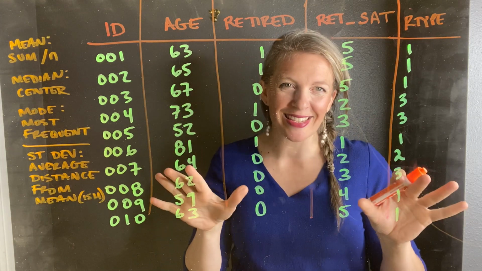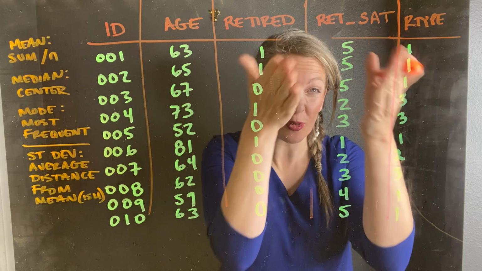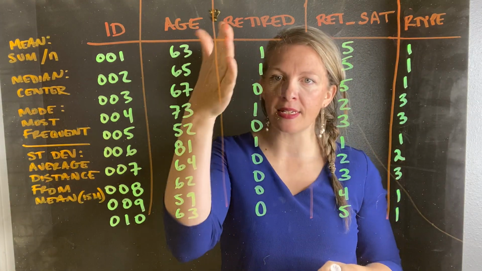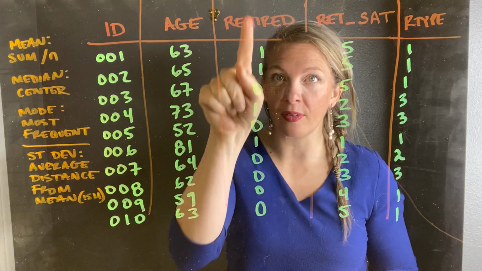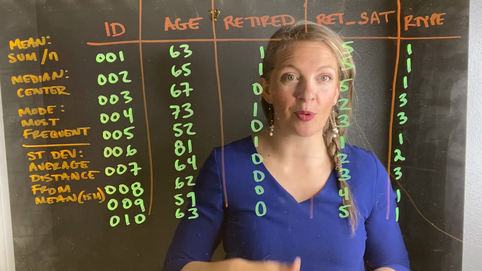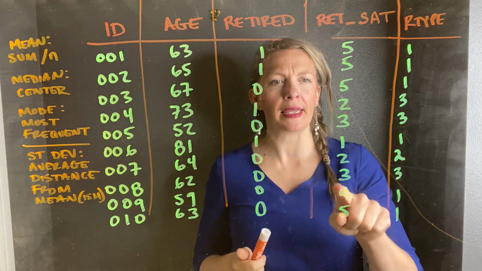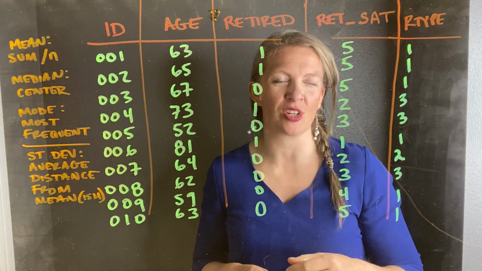So just looking at this data set with only 10 observations, you can see a lot just by looking at the data. For example, I can notice that most of the people in my data set are not retired, because under the retired category, most of those responses are 0, not retired. I can see that a lot of people are really satisfied with their retirement packages.